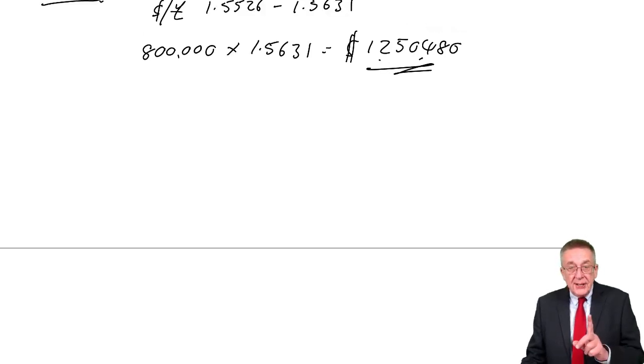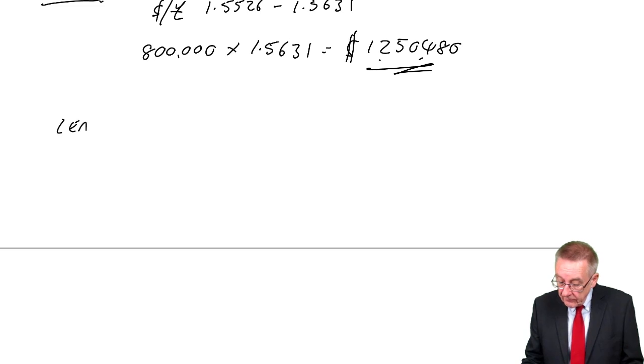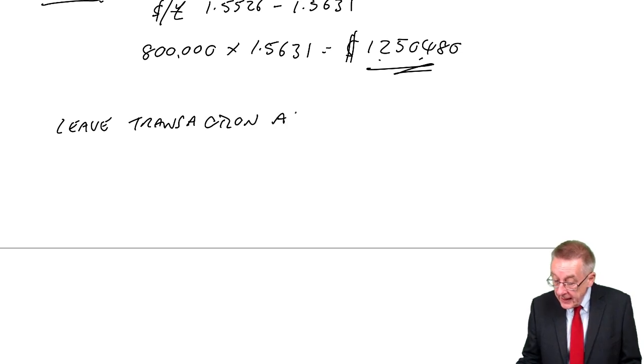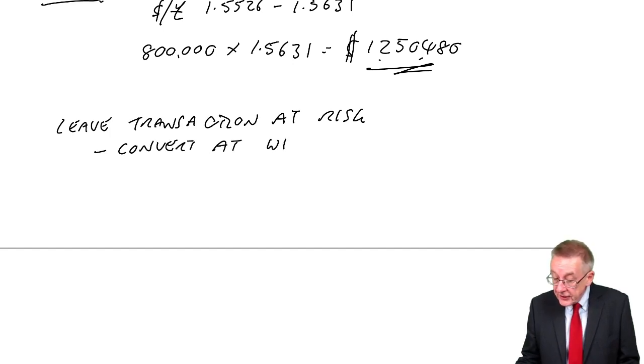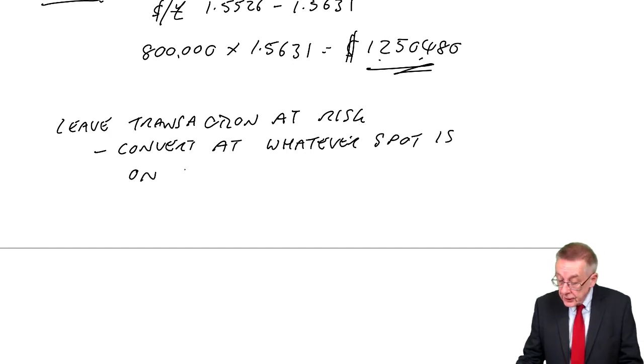The transaction itself, we leave it at risk. And what I mean by that is that we'll convert at whatever the rate is, whatever spot is, on, in this case, the date of the transaction, which is the 10th of August.